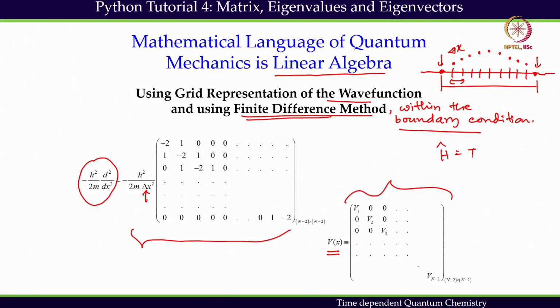The Hamiltonian is nothing but the potential part and the kinetic energy part that we have seen. So, if I have the Hamiltonian represented in matrix form, then we can immediately get the eigenvalues and eigenvectors from that matrix.